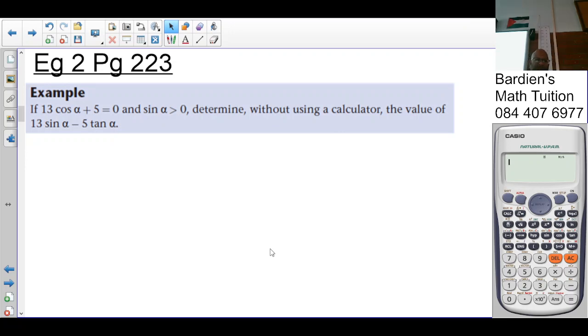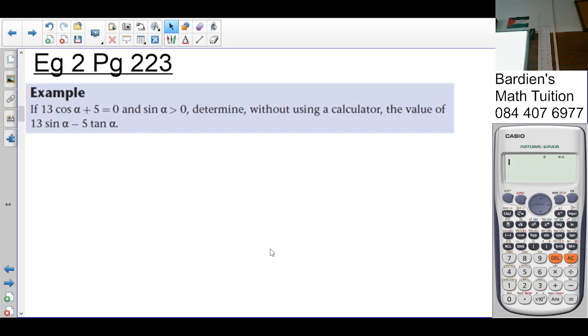So in example 2, we are told if 13 cos alpha plus 5 is equal to 0 and sine is greater than 0, determine without using a calculator the value of the expression. So if this sum is given, the best thing is to draw a sketch, a diagram.